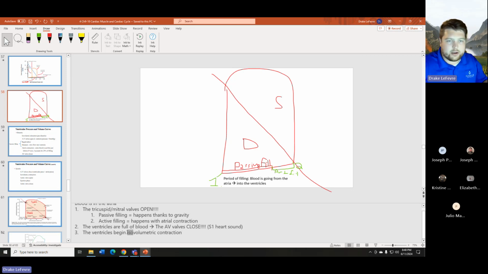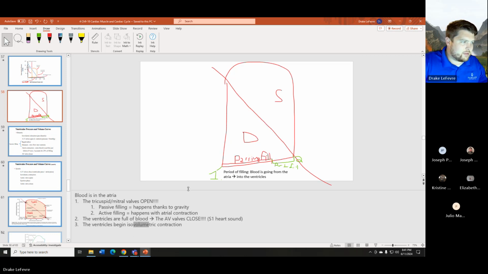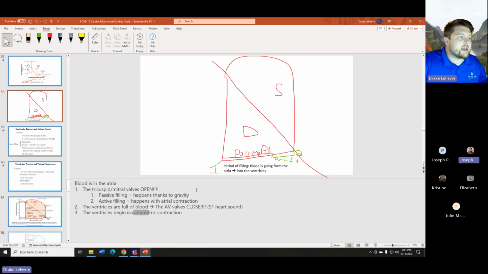Let's break down that word. What does iso mean? Same. The same. Volumetric. Volume. What does volume mean? How much of something? Good. Yeah, it's how much of stuff. So in this case, we're talking about milliliters, right? Milliliters of blood. So literally what isovolumetric contraction is, the ventricle is contracting.